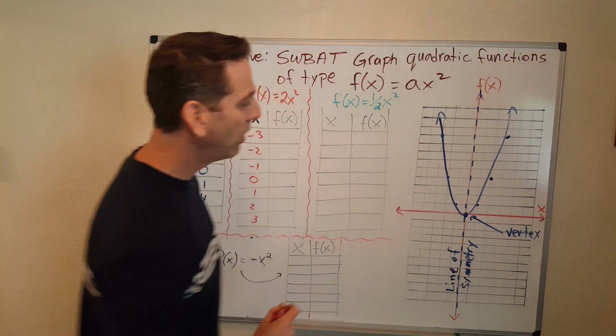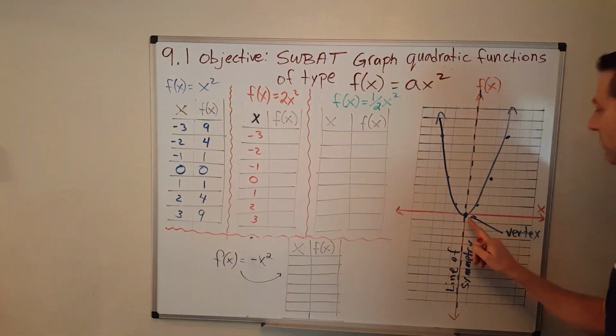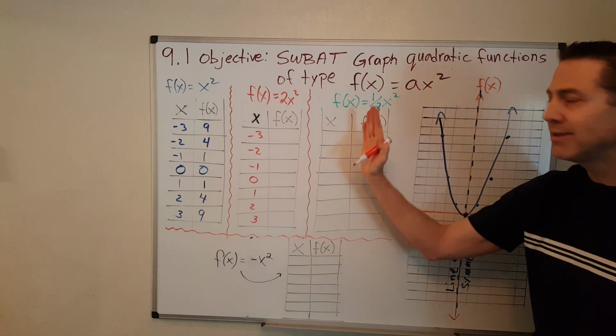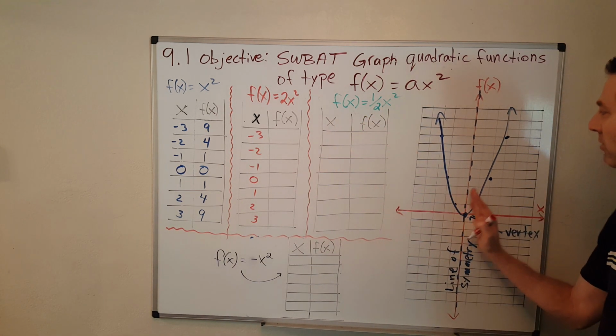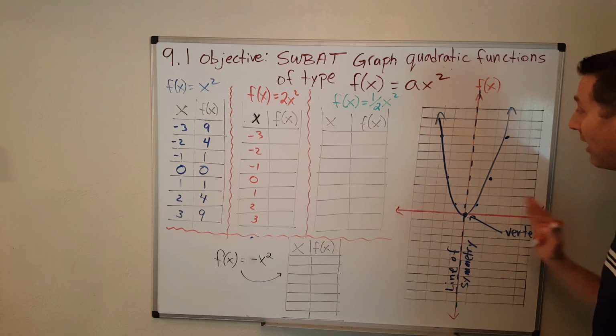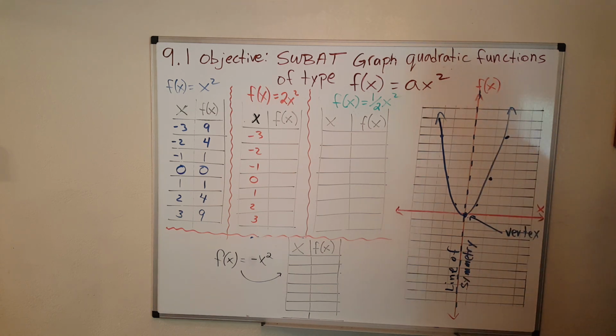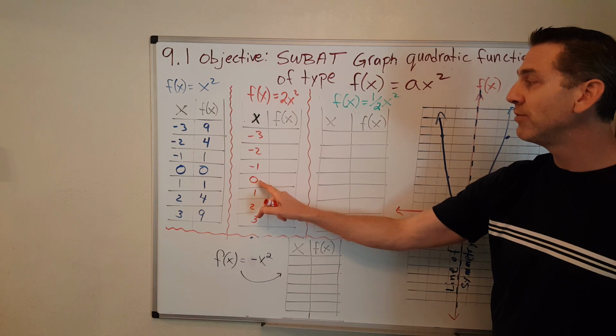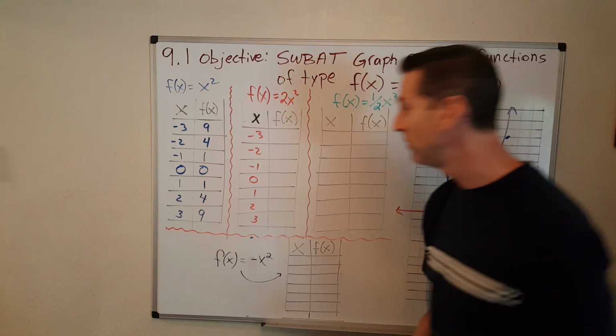You can see why I needed 3 values less than x and 3 values greater than x, because the line of symmetry is going to pass right through my vertex, which is at x equals 0.